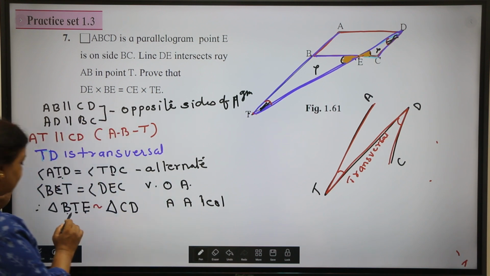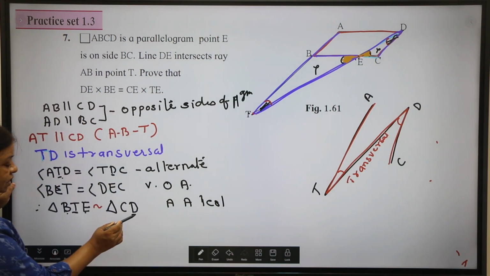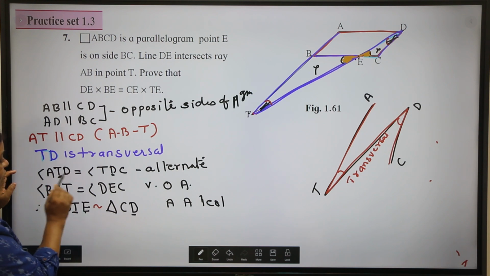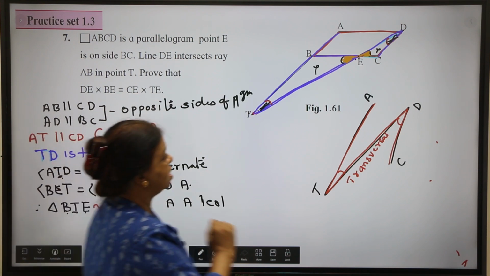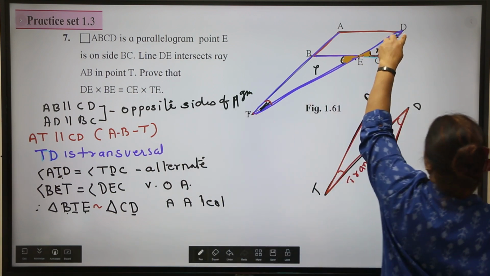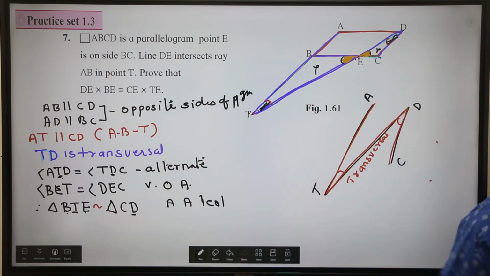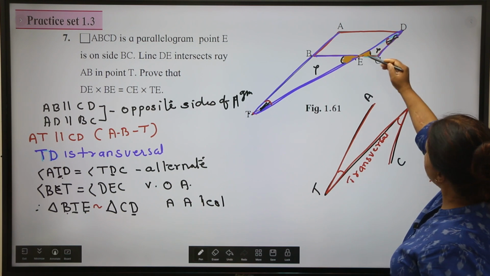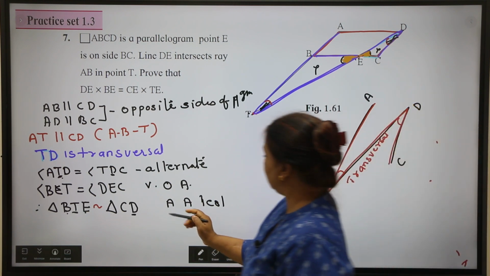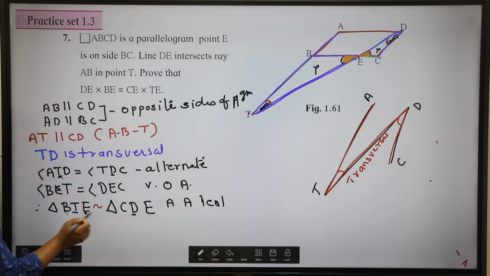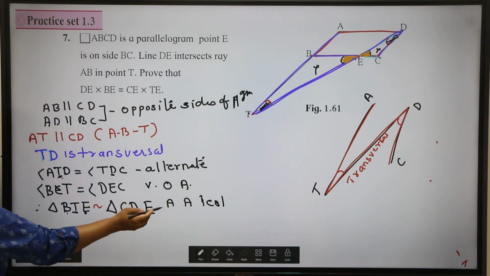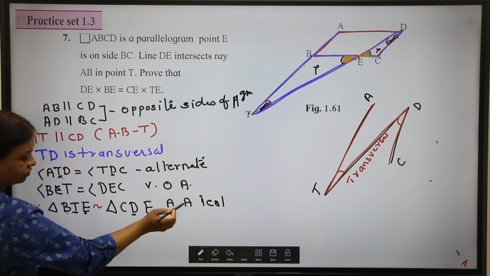Because T is there here, the second angle should be D, because T is equal to D. CD. Yeah. T is equal to D, and E is equal to E. So E will come here. Vertically opposite angle E. Now they are equal, they are similar because of angle test.